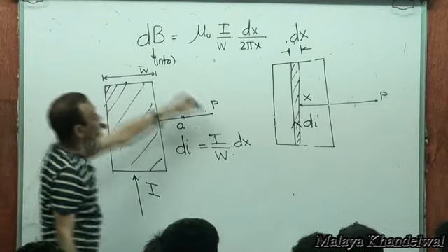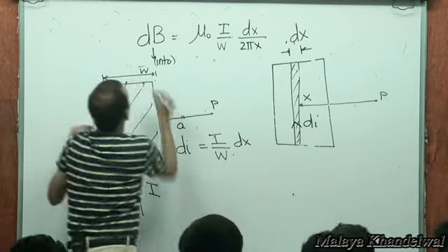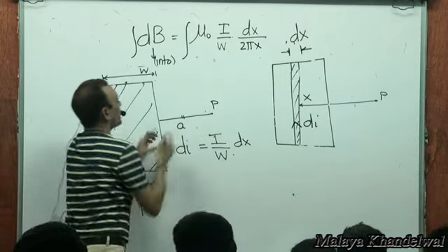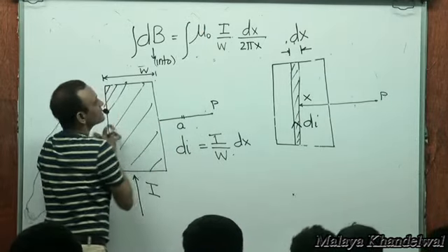That's the magnetic field produced by one thin wire. The total magnetic field produced at P is going to be the sum of all of this, where x runs from a to a plus w.